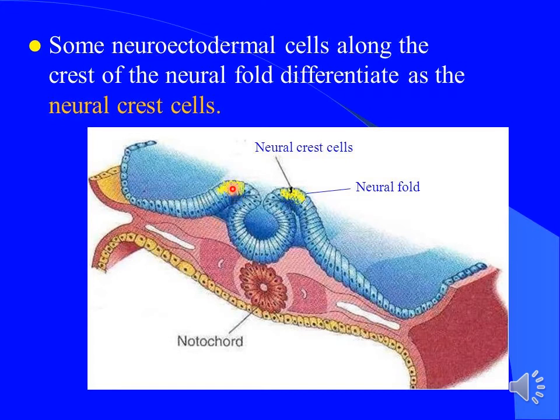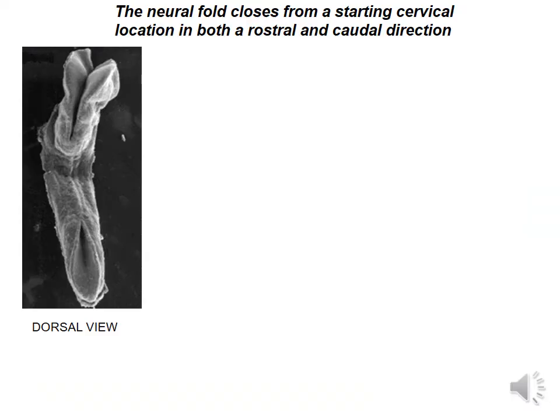These cells, which are neuroectodermal cells along the crest of the neural fold, differentiate as neural crest cells. This is the neural tube, this is the cranial end, and this is the caudal end.